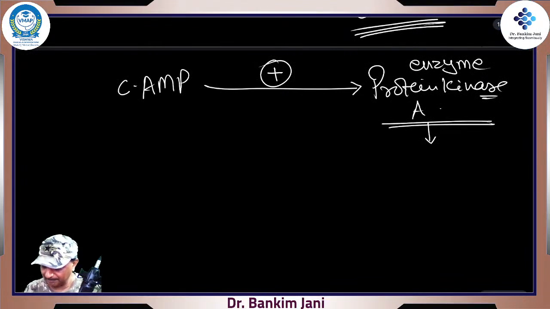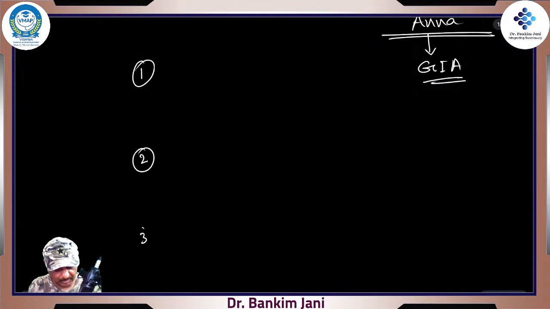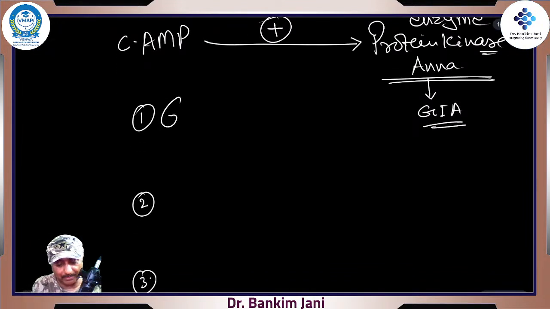This is our protein kinase A. Now this has three effects: 1, 2, 3. Now how important it is? Because cyclic AMP woke up the sleeping protein kinase A, and now it will say, okay, now we have to work.